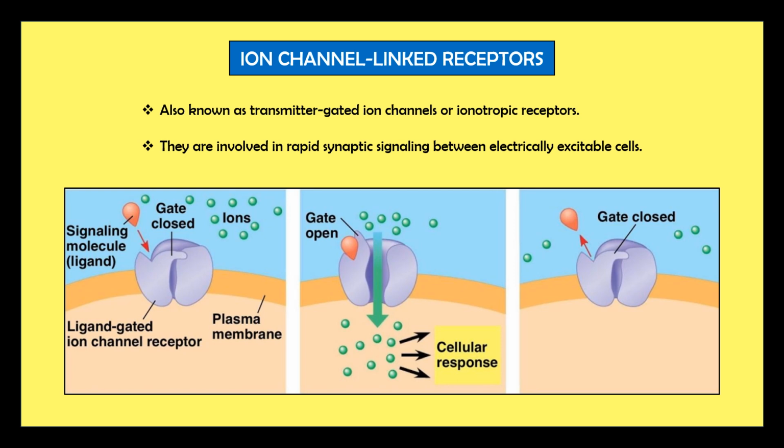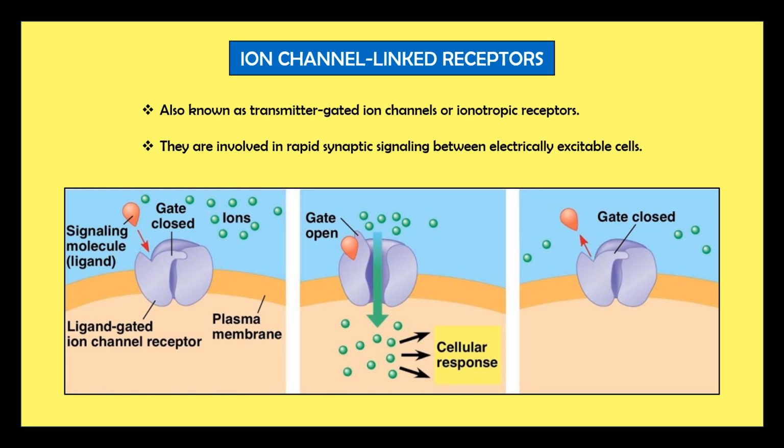These ion channel linked receptors are also known as transmitter gated ion channels or ionotropic receptors. They are involved in rapid synaptic signaling between electrically excitable cells. You can see these types of cells in neuronal transmissions.